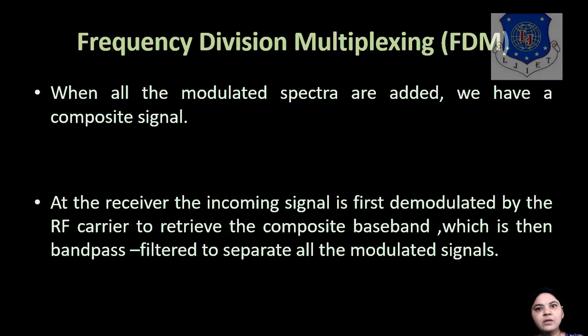Now what do we want? We want F1, F2 and F3. So we should pass it through the band pass filter, and this band pass filter will filter out the F1, F2 and F3 frequencies, and we can have the demultiplexed output at the receiving end.